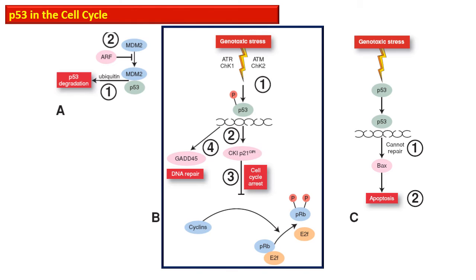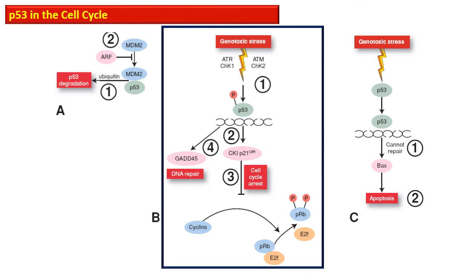the P53, and P53 phosphorylation will transfer this into the nucleus, where it activates the P21, and this activation of P21 will result in the arrest of the cell cycle by stopping the action of cyclin on the RB. So RB is not phosphorylated, so the cell cycle is arrested.